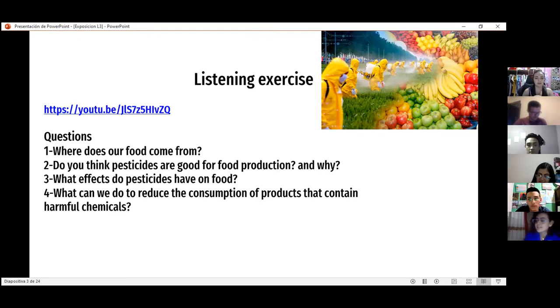From France. Las semillitas, sí, pero no sé cómo se dirá. Farmers and rain. Okay, thank you, Daniela. Applause for Daniela.